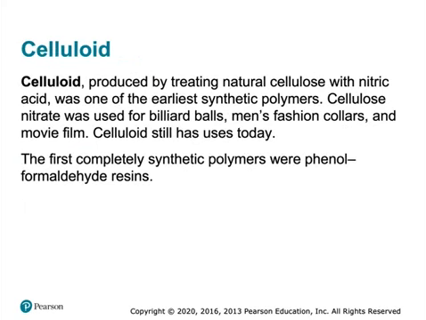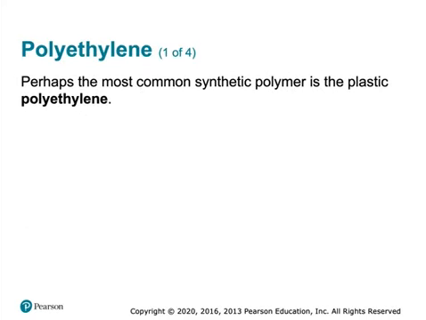Okay, so the first synthetic polymer is celluloid, and it was originally made with cellulose nitrate for making billiard balls. It was originally called Bakelite, so we still use it today. But the polymer we use the most is polyethylene.